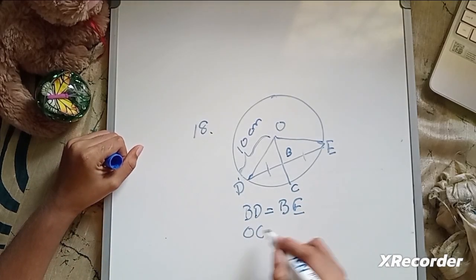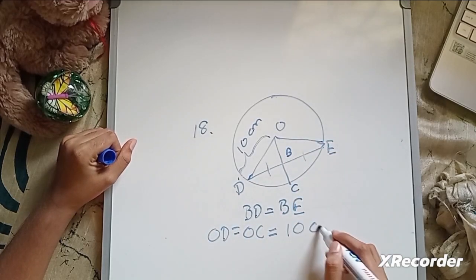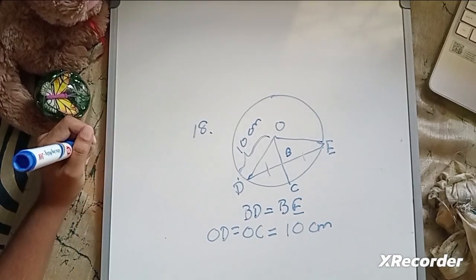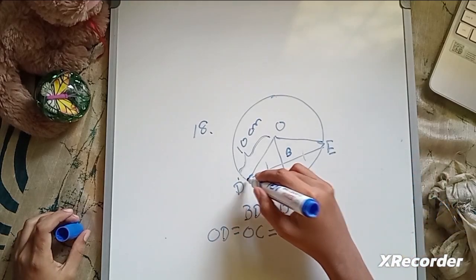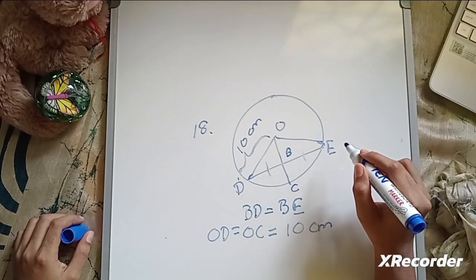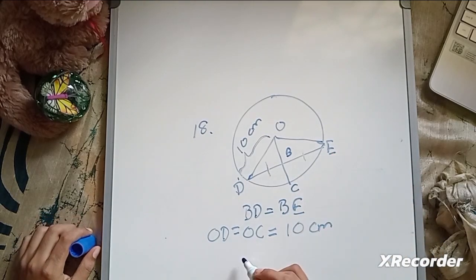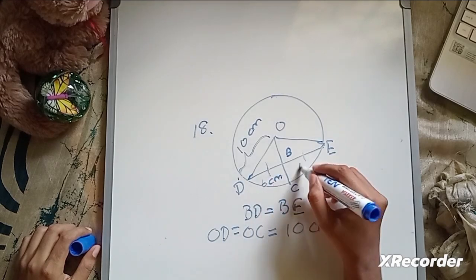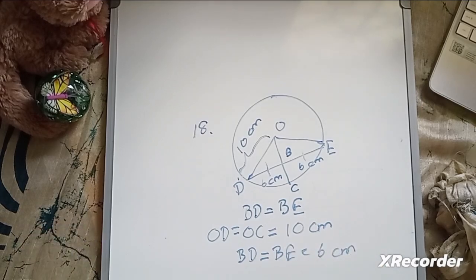Also we can write OC equals 10 centimeters. And they have given this DE segment is 12 centimeter. So we can write this 6 and BE as 6 centimeters. BT equals BE, it is 6 centimeters.